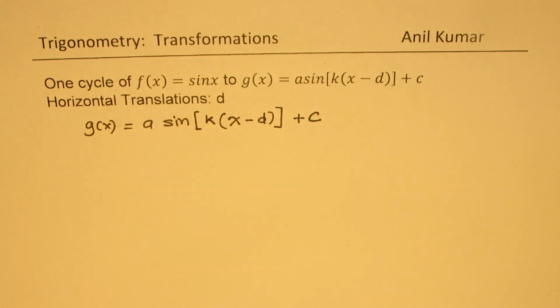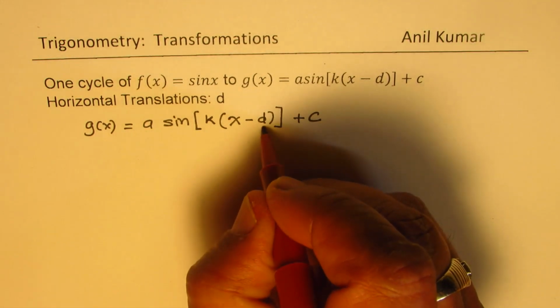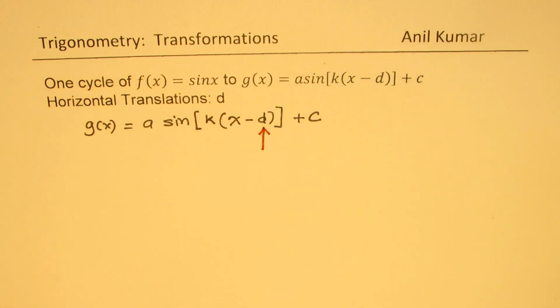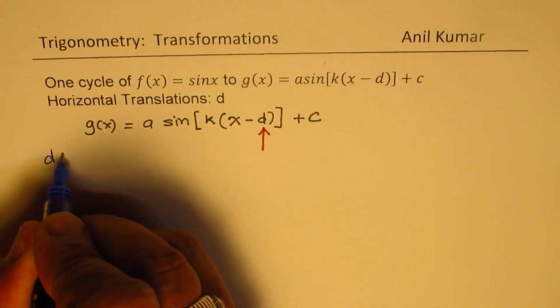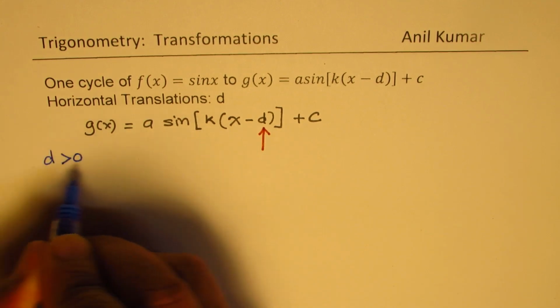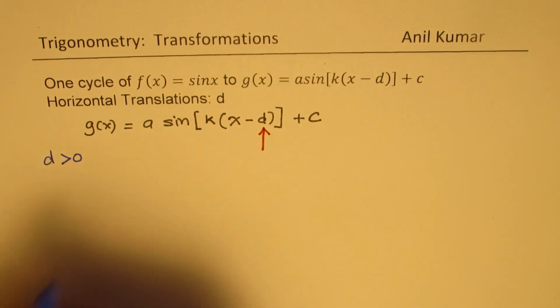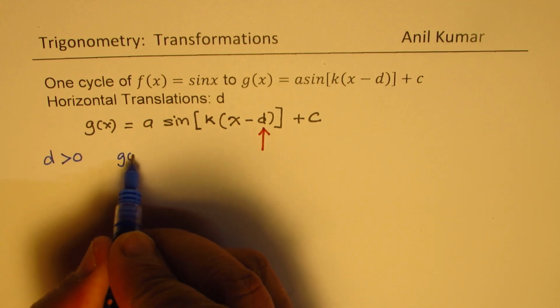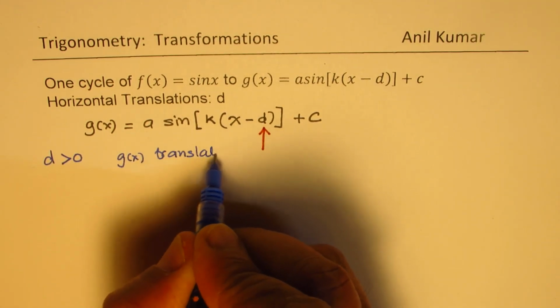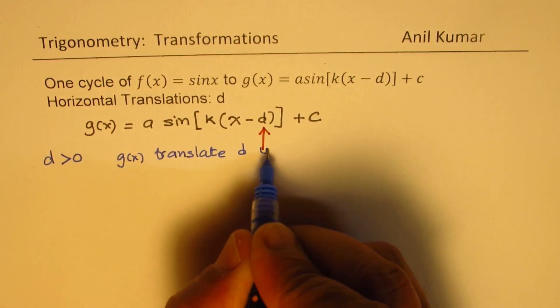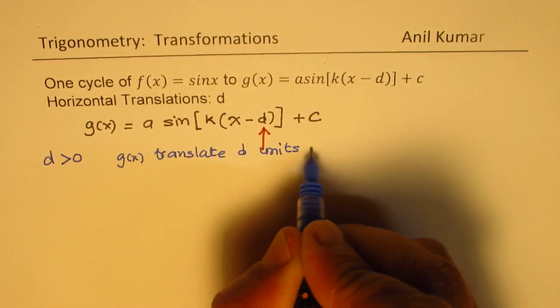The parameter which results into horizontal translation is d. In case d is greater than 0, that means it is positive, g of x translates d units right.